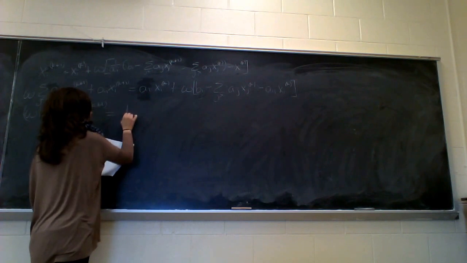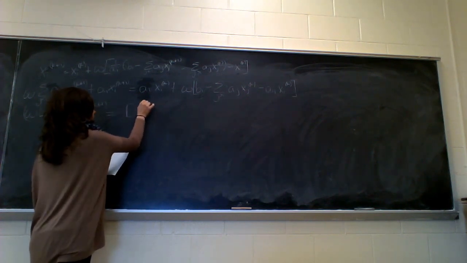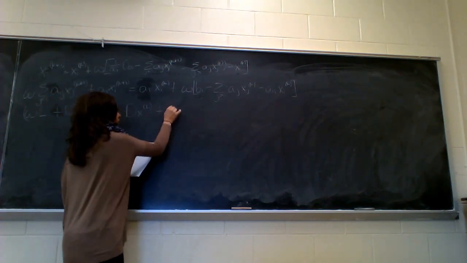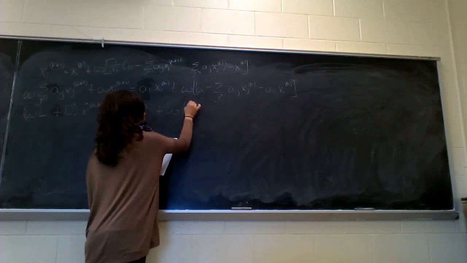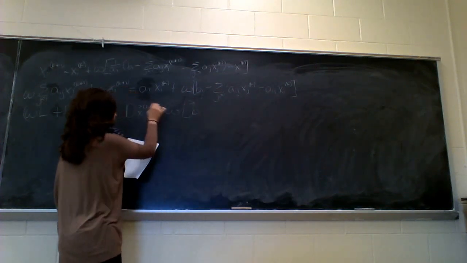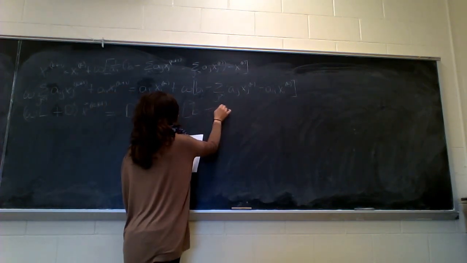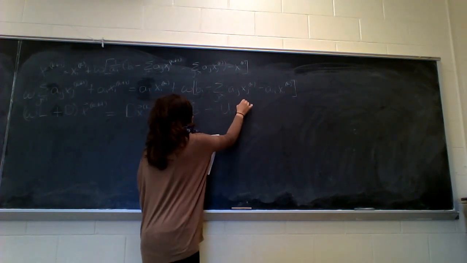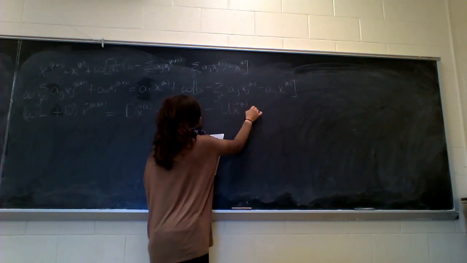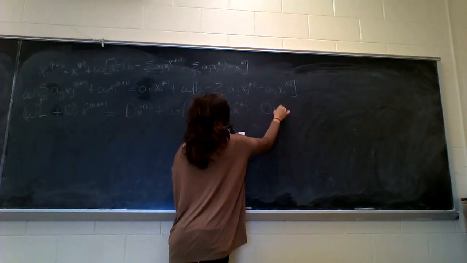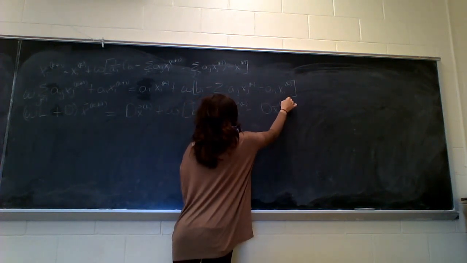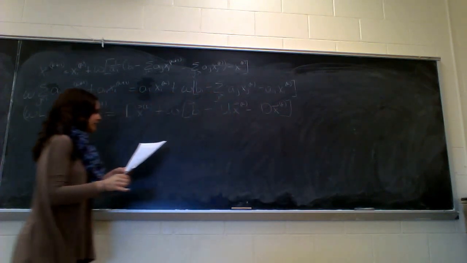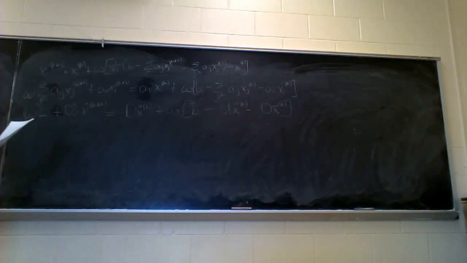This right here is D x^k plus omega b minus U x^k minus D x^k.